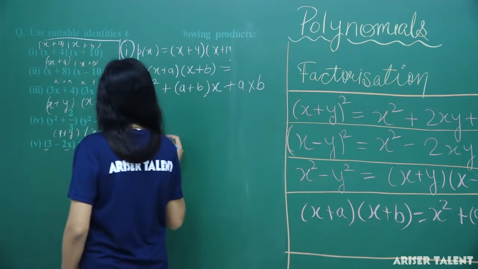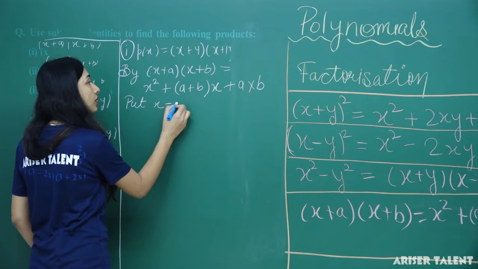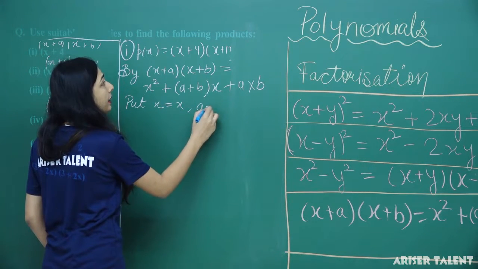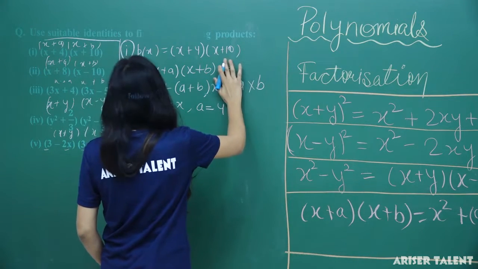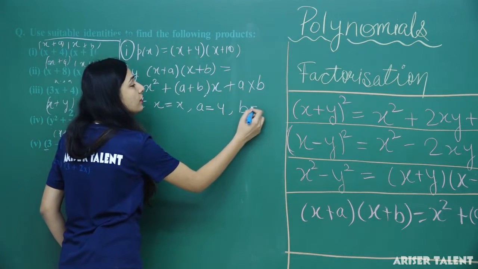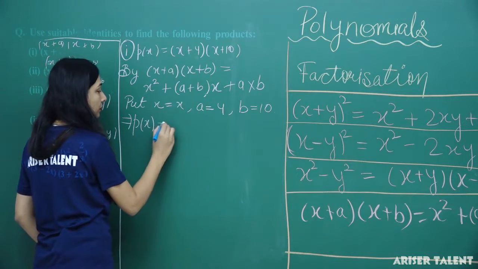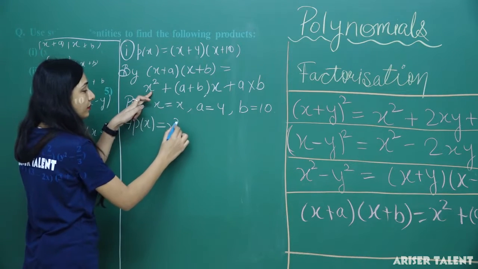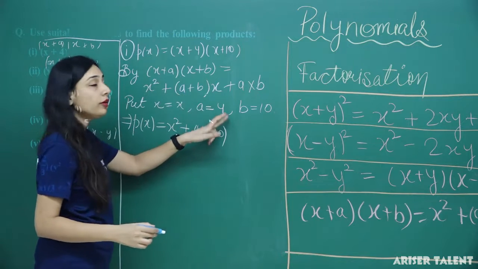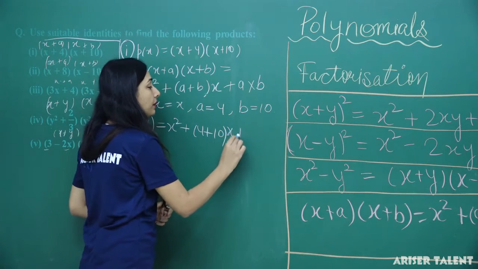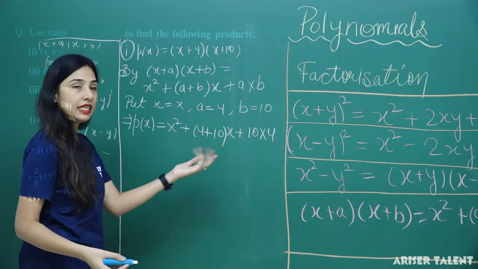Okay, so put x equals x, a equals 4 here, and b equals 10. That implies px will be x square plus 4 plus 10, a equals 4, b equals 10, x plus 10 multiplied by 4, you can say 4 multiplied by 10, a multiplied by b.